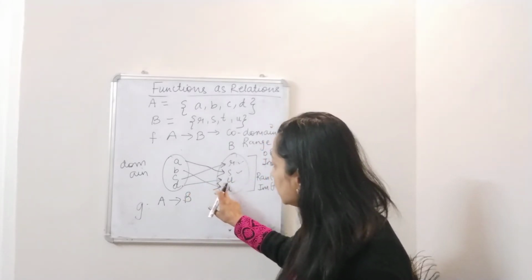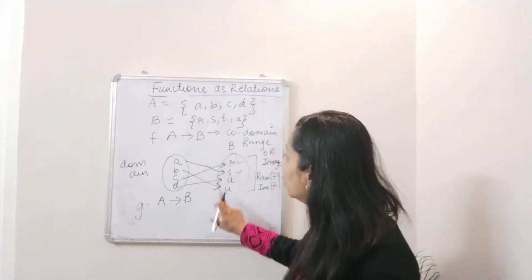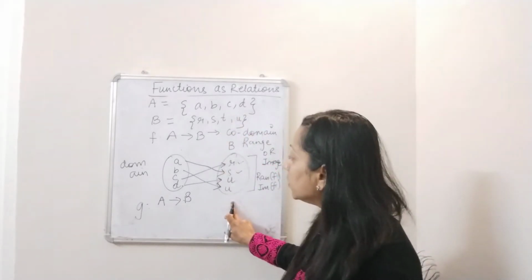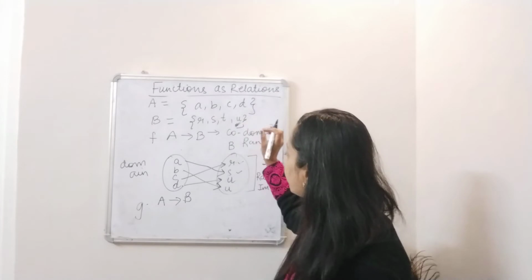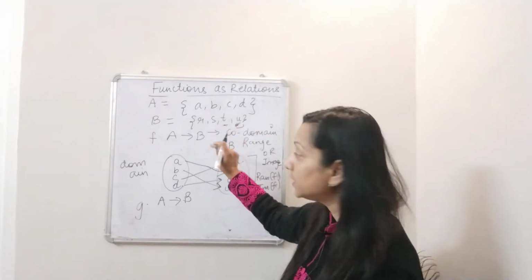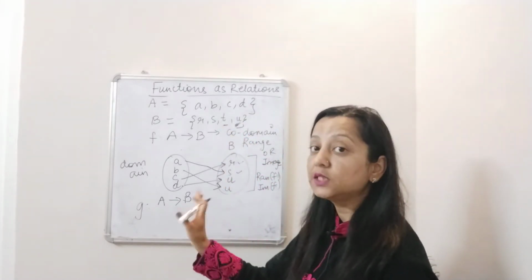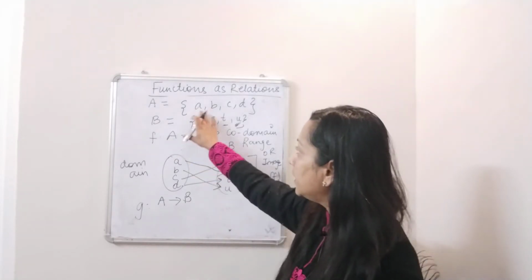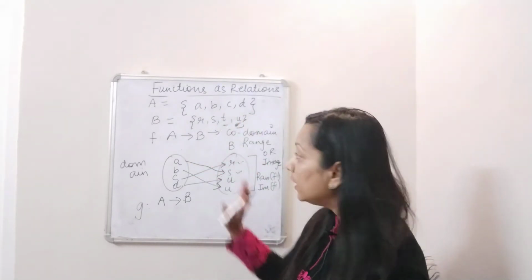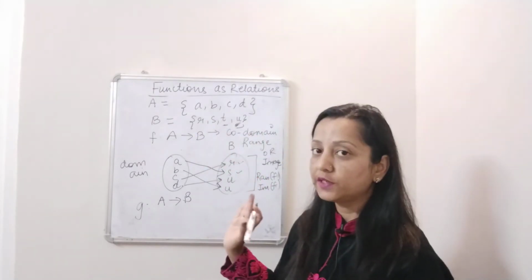If the element D from set A is assigned U again from set B, then which element is missing from set B? T is missing. That is, T is one such element which has not been assigned to any element of set A. A, B, C, D are the elements of set A. R, S, T, U are the elements of set B.